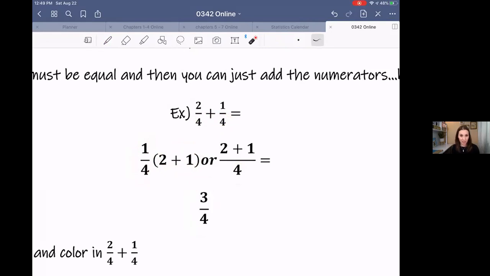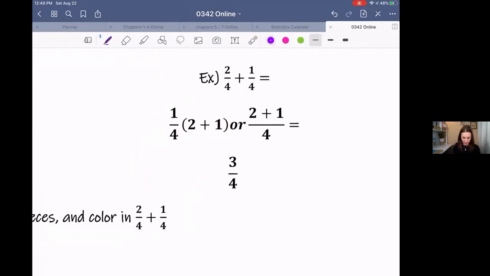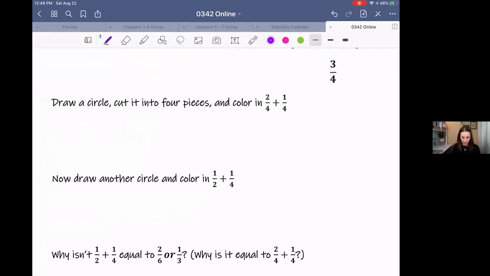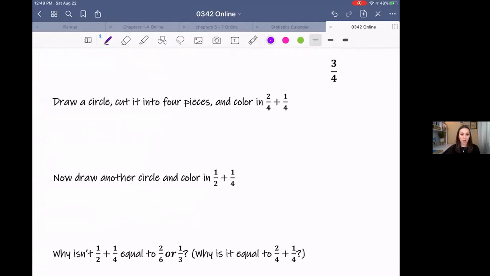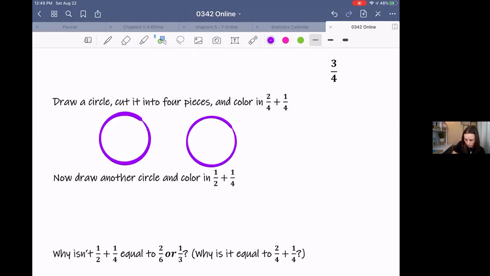If that seems scary, I'm going to show you something else. We're going to compare some different methods here. It says draw a circle and cut it into 4 pieces to do 2/4 plus 1/4. So these already have a common denominator, so we could easily add these, but I just want to show you in picture form why it works the way it does. So I'm going to draw a circle for 2/4, a circle for 1/4, and then their total. Add these equals that.